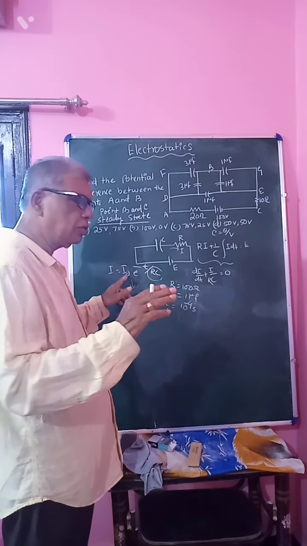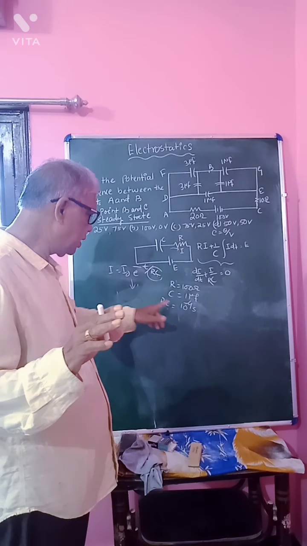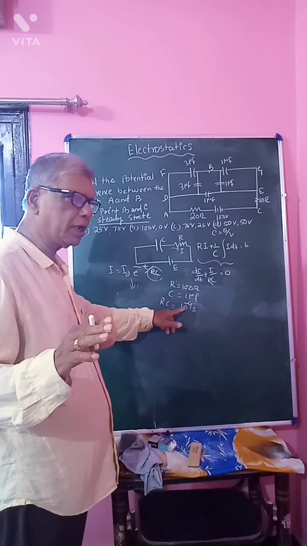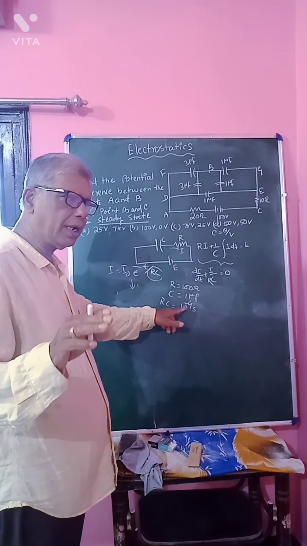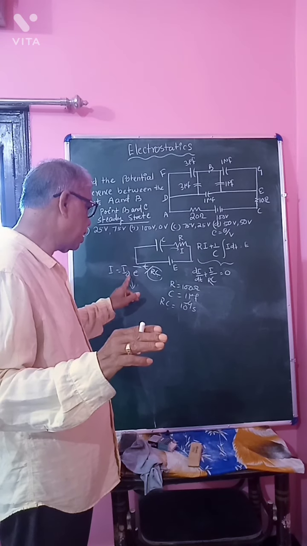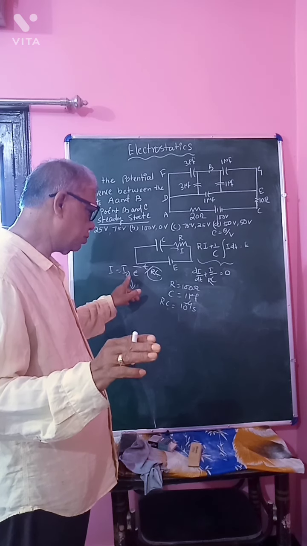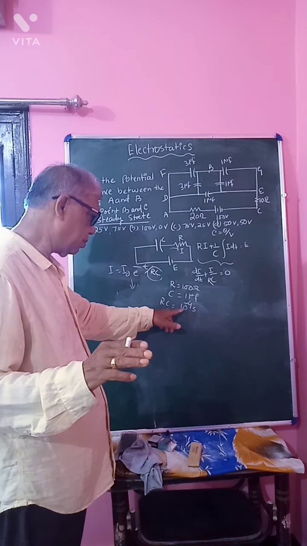If I0 is the initial charging current, then in a time of 10 to the power minus 4 seconds, the charging current in the circuit falls to 37% of its maximum value. I want to tell you that this is a very small time.